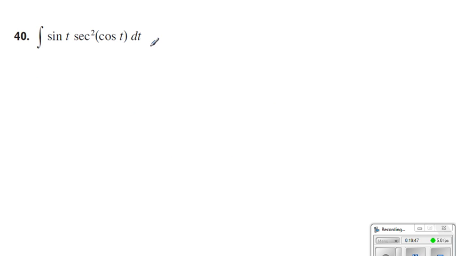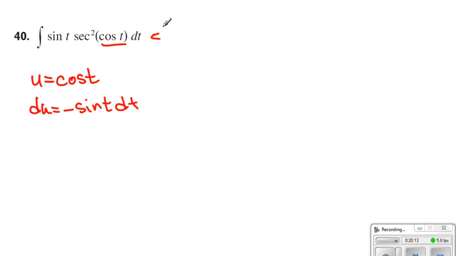Alright, let's look into this one. Now, what's going to be happening? Yes, that's right. If you consider cosine t right over here inside as u, then du becomes negative sine t dt.